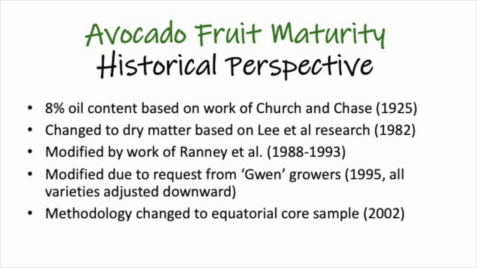Up until 2002, we used a method where you would take a lengthwise slice of the fruit from multiple fruit, put it in a food processor, grind it up, and then microwave that ground tissue.